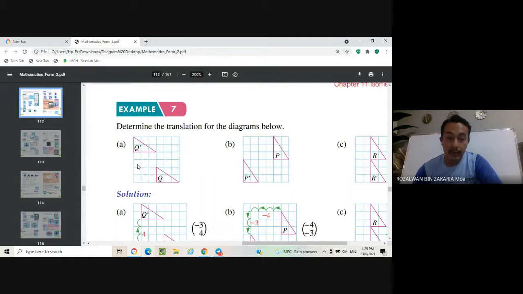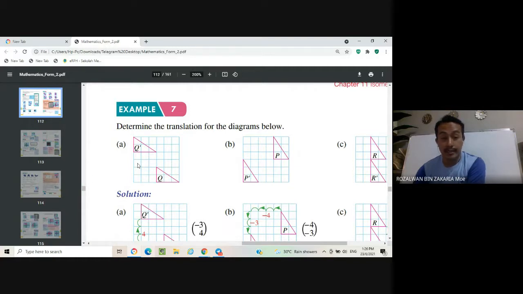It moves 3 units to the left. To the left means minus, so minus 3. Then after that, it moves 1, 2, 3, 4. It moves 4 units upward. If it moves upward for the y-axis, it is a positive 4.